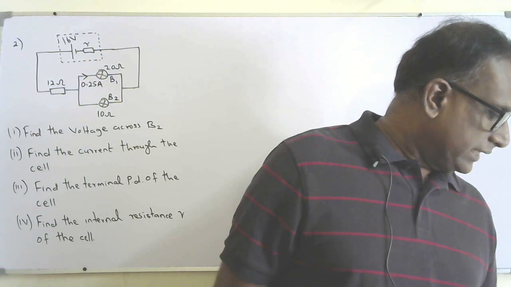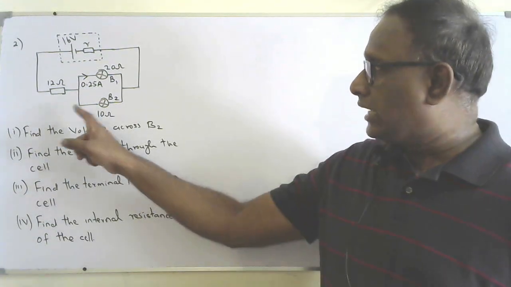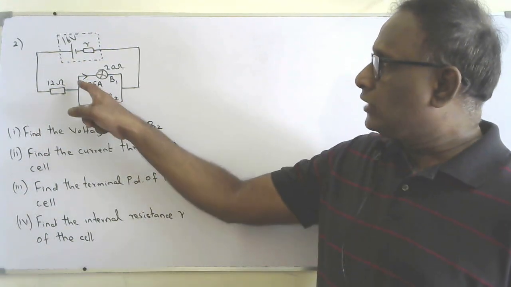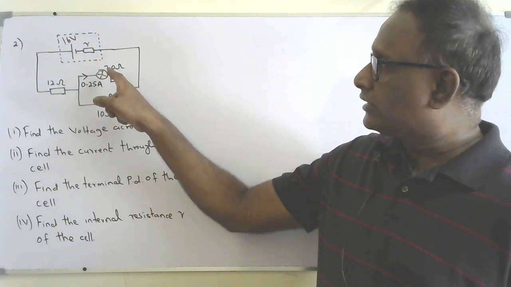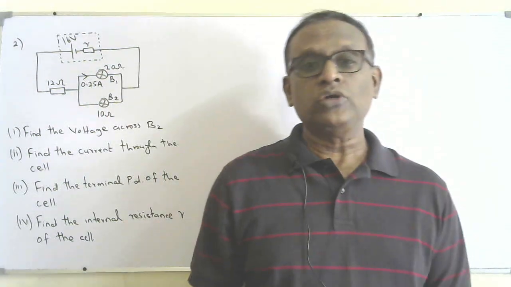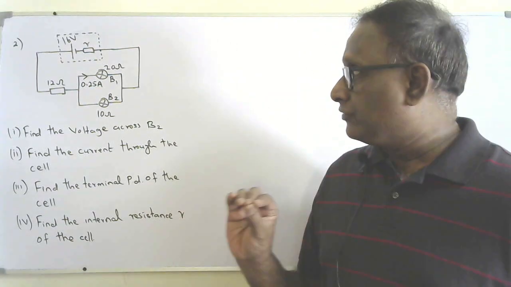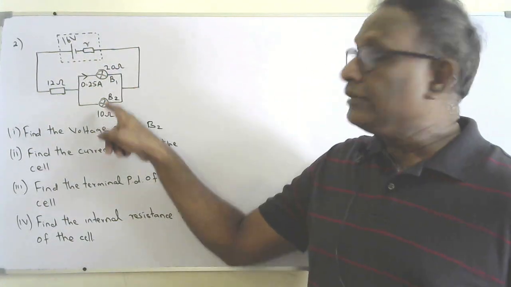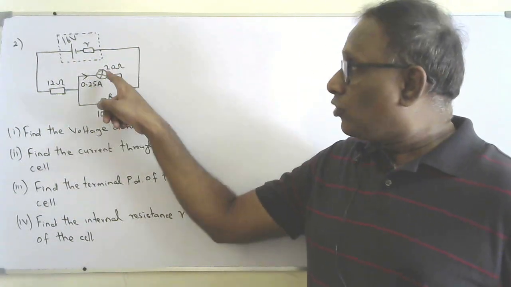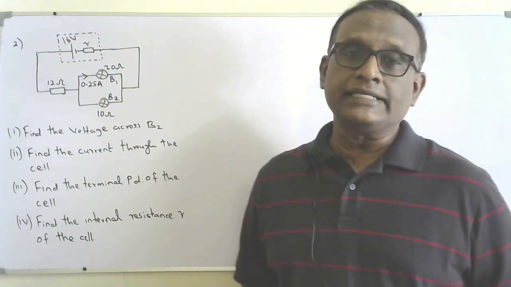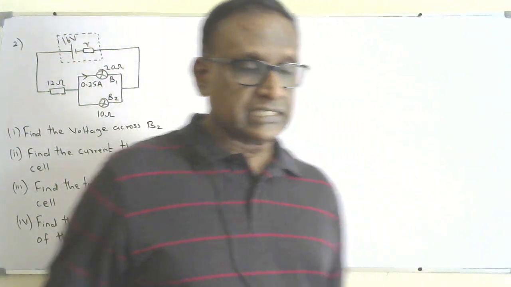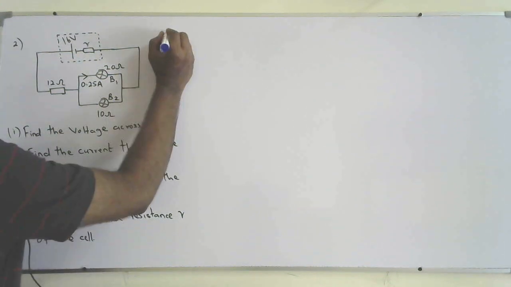To find the voltage across B2, I don't know the current through B2, but I know the current through B1. I know the resistance of B1. So I can find the voltage across B1 by using V equal IR for the bulb B1. Then B1 and B2 are in parallel, so the voltage across B1 will be equal to the voltage across B2. I'll find the voltage across B1 first.